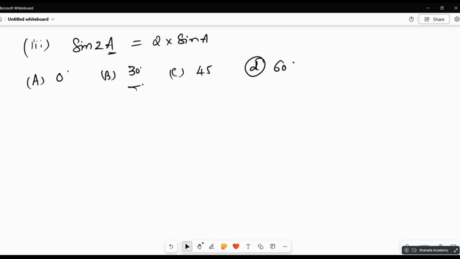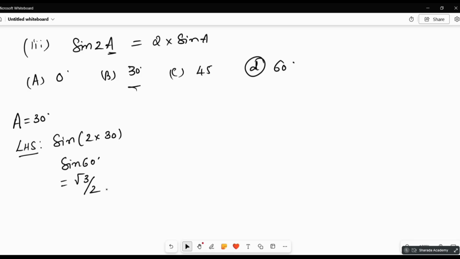I am taking 30 degree first. Now I will take angle A is equal to 30 degree. So what will become the LHS? Sine of 2 into 30 degree. Now this is equal to sine 60 degree. So what is sine 60? It is root 3 by 2.